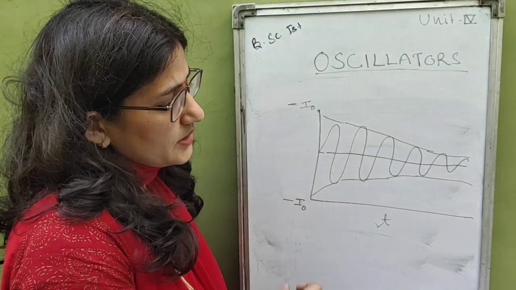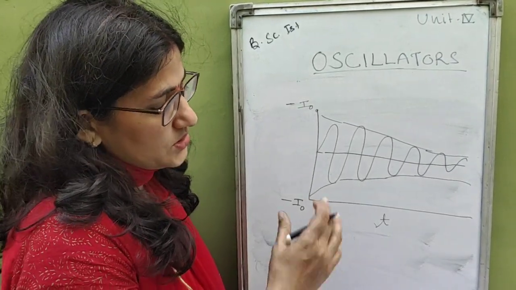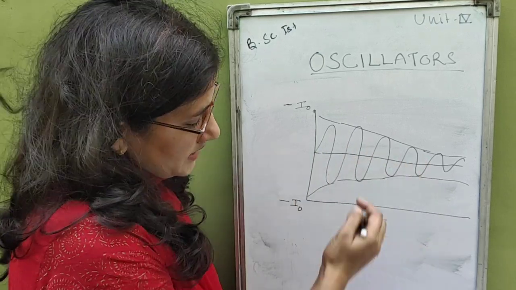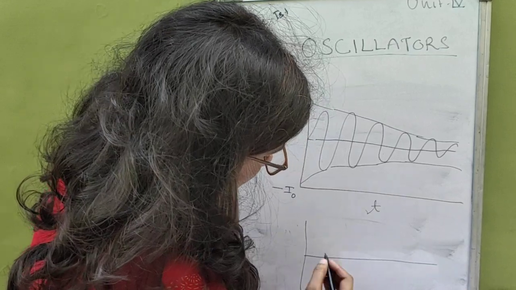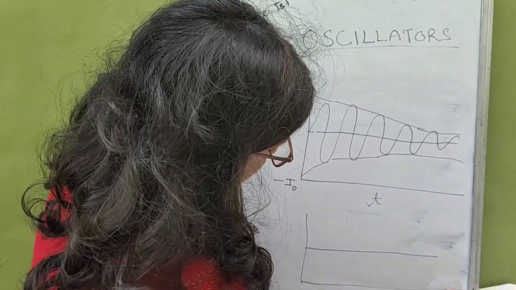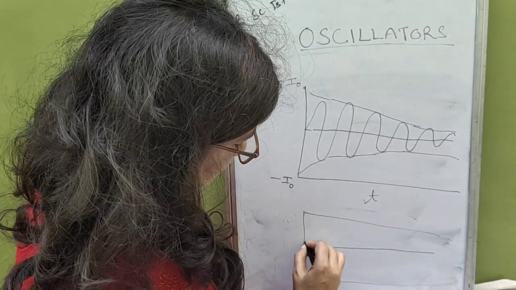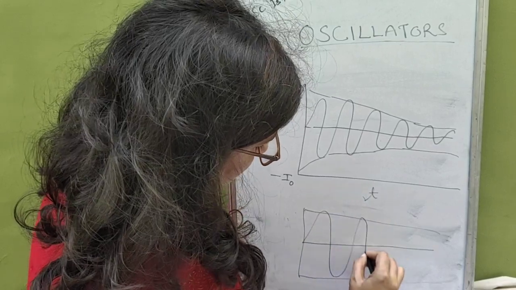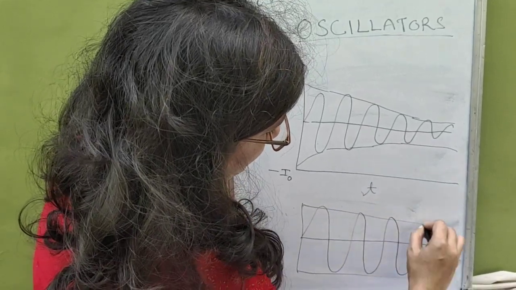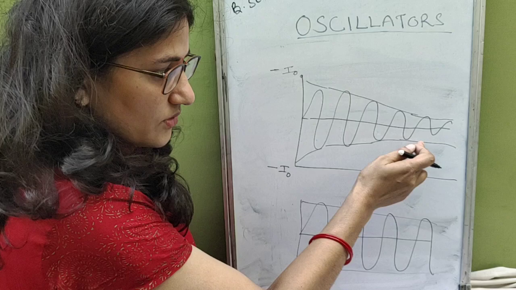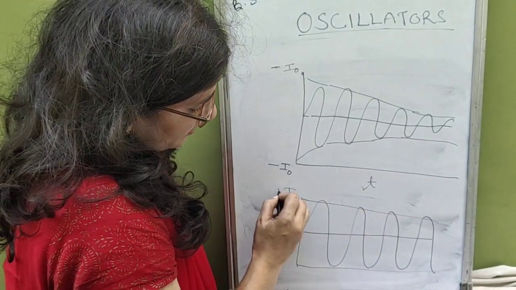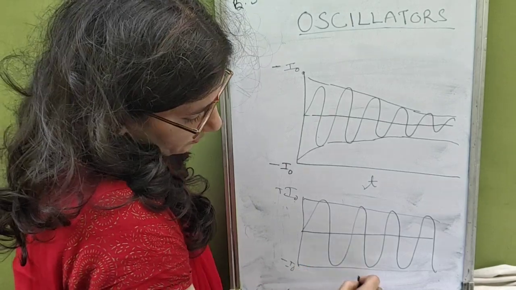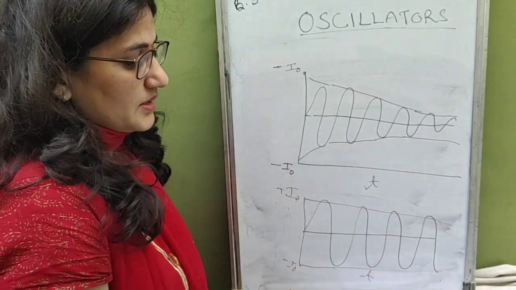I can draw a diagram of undamped oscillations. These are the undamped oscillations. These are the damped oscillations because the amplitude is going to decrease with time t.